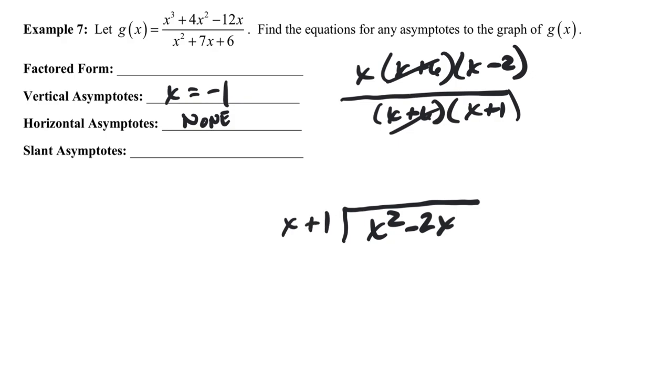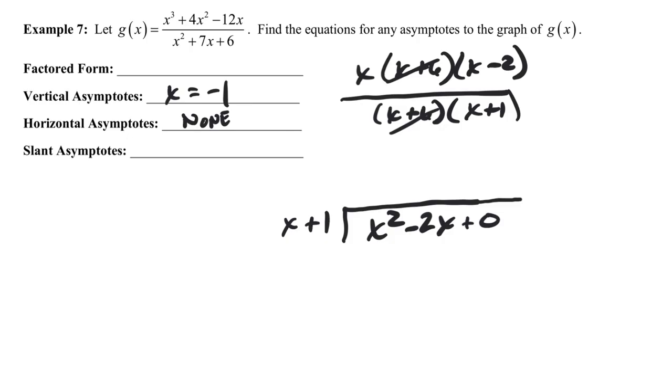I'm missing something underneath the division symbol. I need to go all the way to a constant, so we have to put the 0 in there. That's called a placeholder. You're never allowed to jump a term or leave out a term. You have to start with your biggest exponent and go all the way down to the constant. So if there's not a constant there, and there always is a constant there, by the way, you put plus 0, okay?